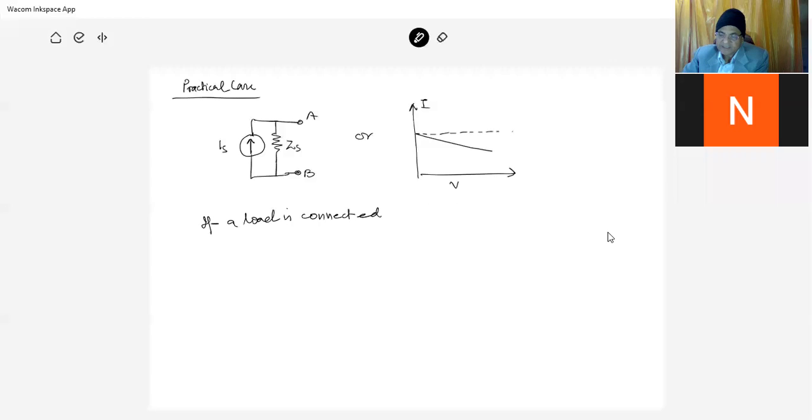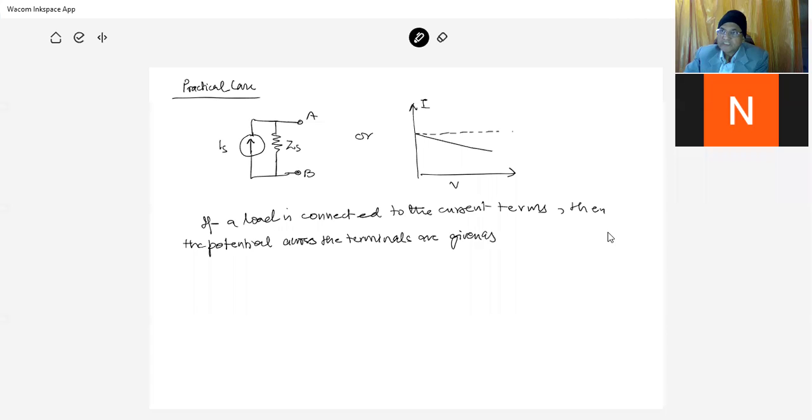If a load is connected to the current source terminals, then the potential across the terminals is given as follows.